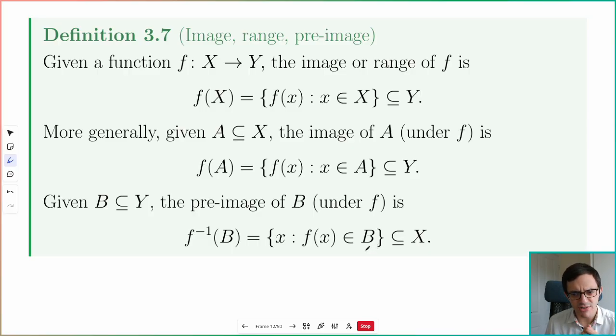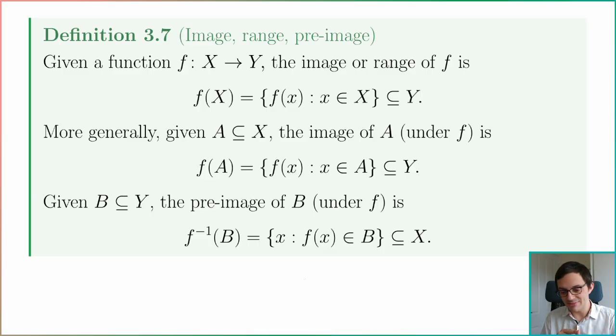There's a couple of subtleties here. I'm being really careful to say pre-image and not inverse function. We haven't got to inverse functions yet, and this might or might not be an inverse function. There might be no such thing for your function f. We'll see that later on. Saying pre-image, the idea being that the best I can say is that when you apply the function to them, you will get something in B. I'm not claiming you get everything in B, and I'm not making any other claims really at all.